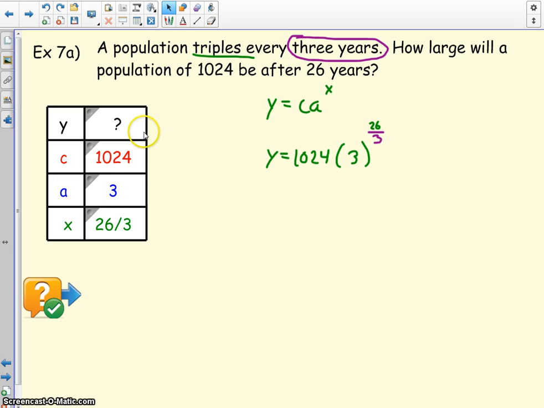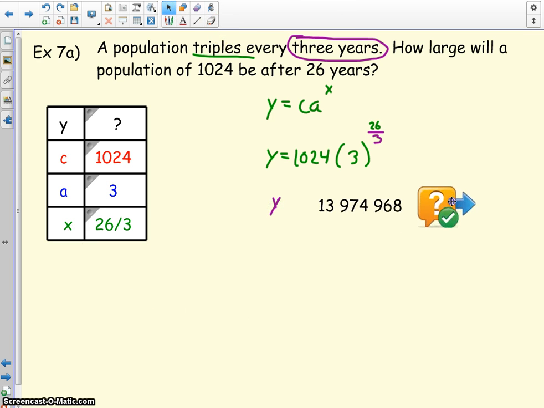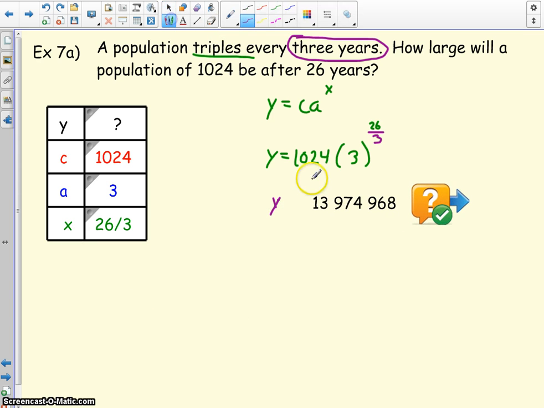Okay, so once we have this, it's nice, y is already isolated, so we can run this through our calculator, and we should get a final population of 13,974,968. Okay, so again, a little bit different here, same idea, except we just have to be very, very careful with our exponent.